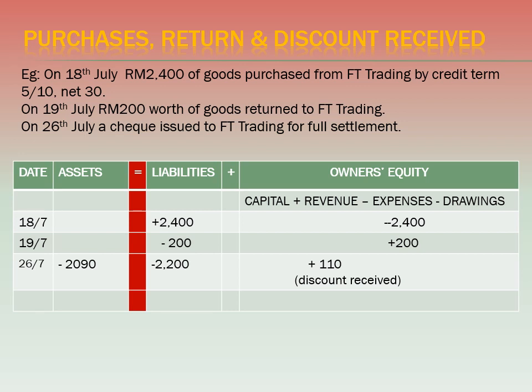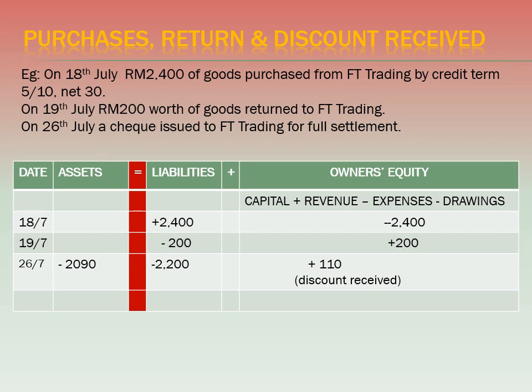Since you are given a credit term of 5/10, it means that a 5% discount will be deducted if you pay before the 28th. Here we pay on the 26th, earlier than the 28th, the maximum day entitled for discount. So you will record only 95% of the debt that you pay to FT Trading, meaning that only 95% of the asset will be reduced.